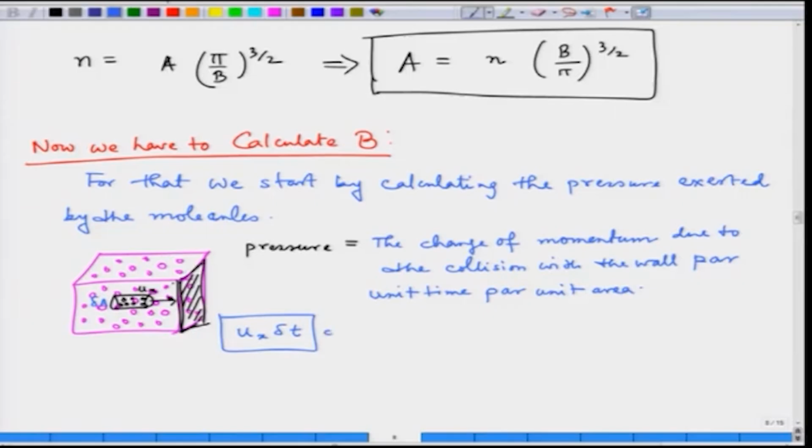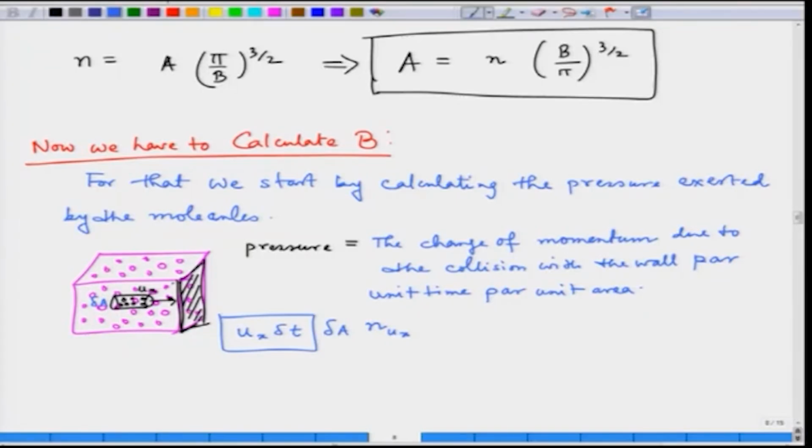So, when I multiply this with delta A, that gives me the volume of this cylinder, and the volume of the cylinder when multiplied by the number density of particles, which I write as n of ux, gives me the total number of particles contained inside this cylinder.